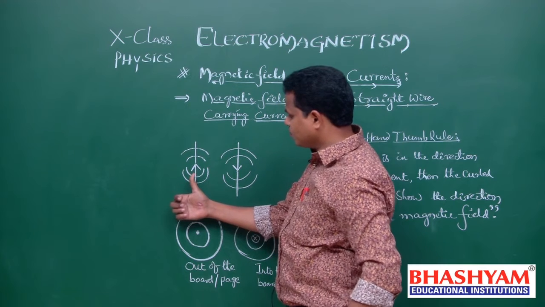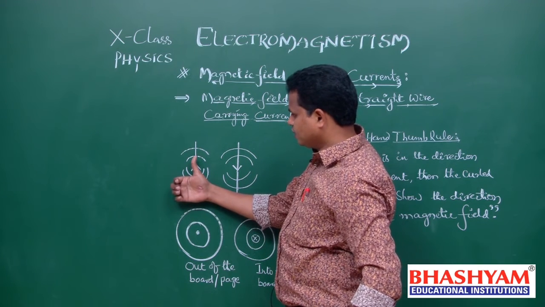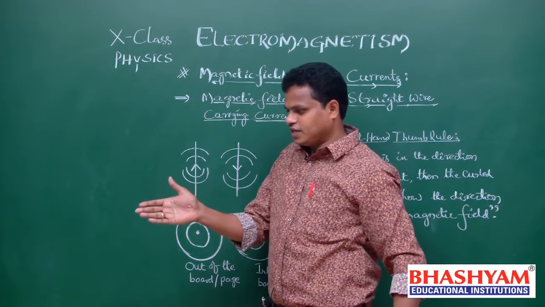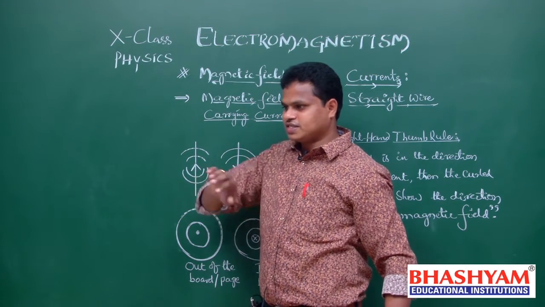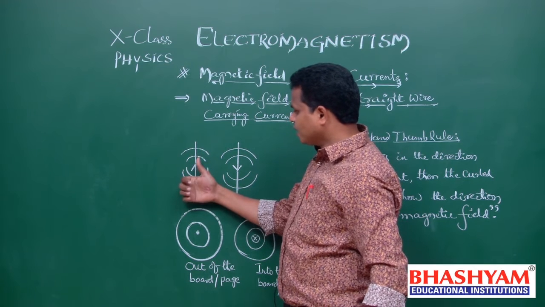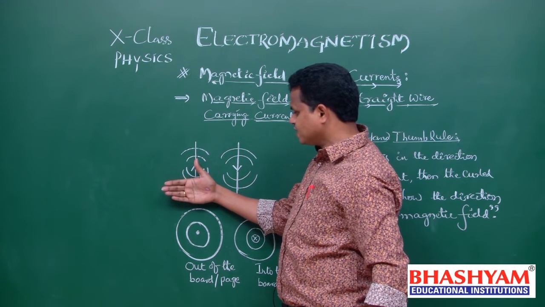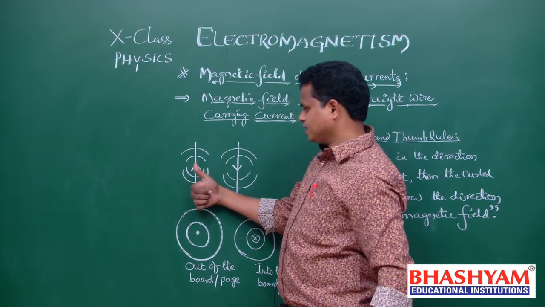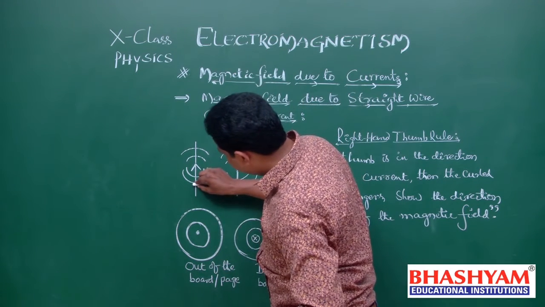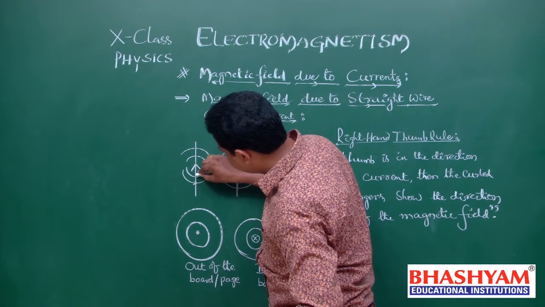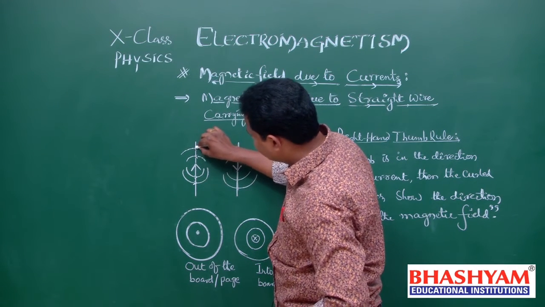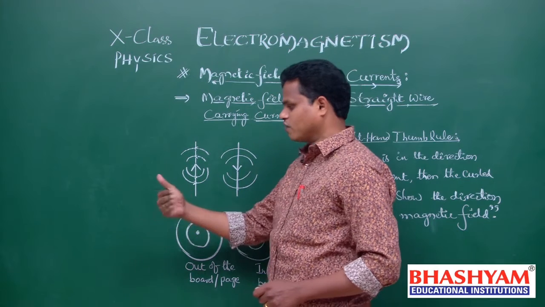Now, the current passes in the vertical direction, and the field lines are in the anti-clockwise direction. This is anti-clockwise, this is clockwise. So when the current passes vertically upward through the straight wire, the direction of the field lines is anti-clockwise.